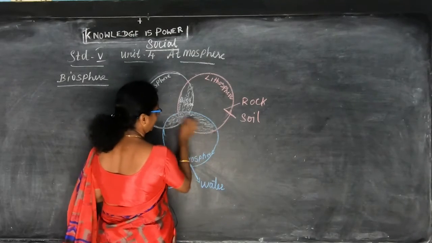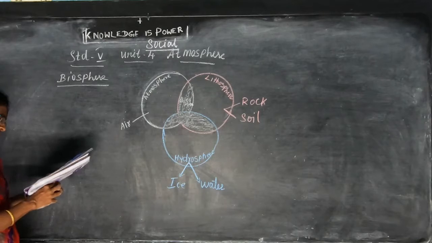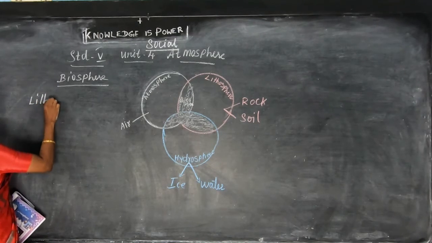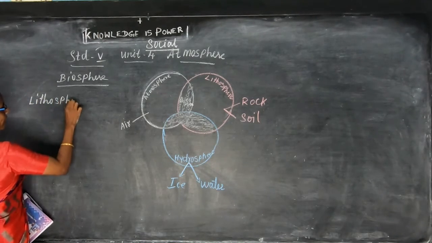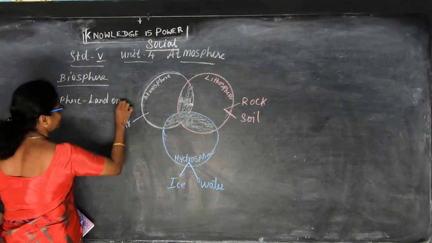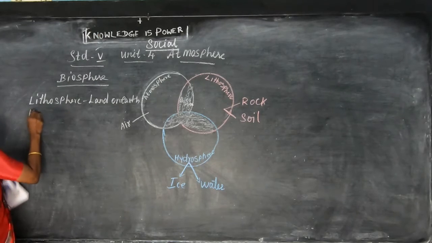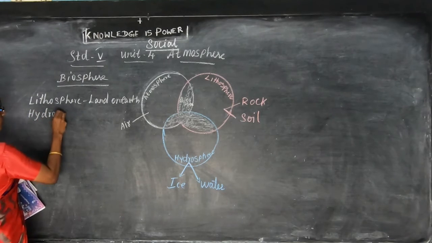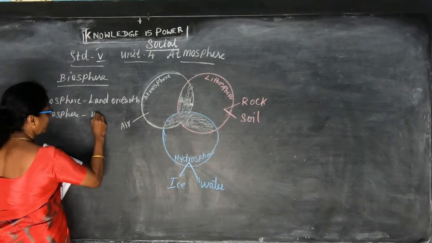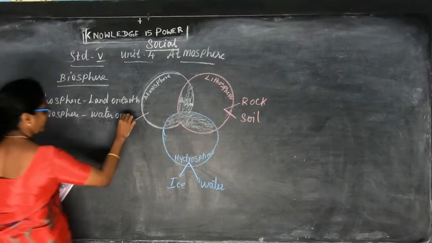So all this together is the biosphere. What do you mean by that? Lithosphere is the land on earth. Understand, children? Lithosphere is land on earth, and hydrosphere is the water. Hydro means water. So hydrosphere is water on the earth, and land contains the rocks and soil.